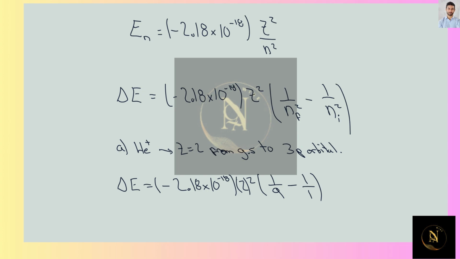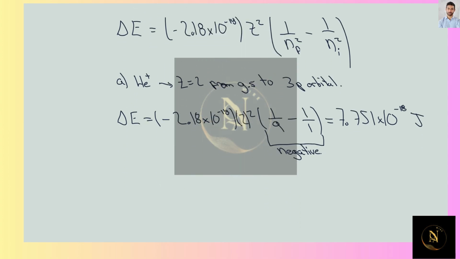And notice that this factor is negative because we have 1 over 9 minus 1 over 1. So the result over here is going to be equal to 7.751 times 10 to the minus 18 joules.